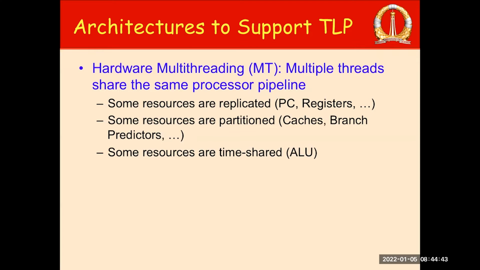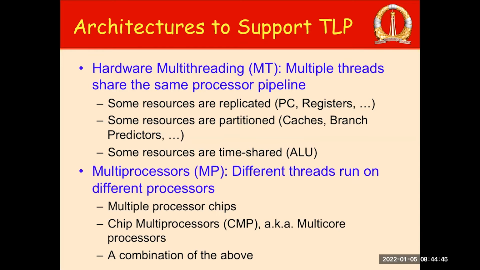We will also talk about multi-core processors, or what is also called chip multiprocessing, which can also be used to exploit thread level parallelism, where the different cores can execute the different threads. In the case of the multi-threaded architecture, there is a single processor core, and many of the resources in that core are shared by multiple threads.